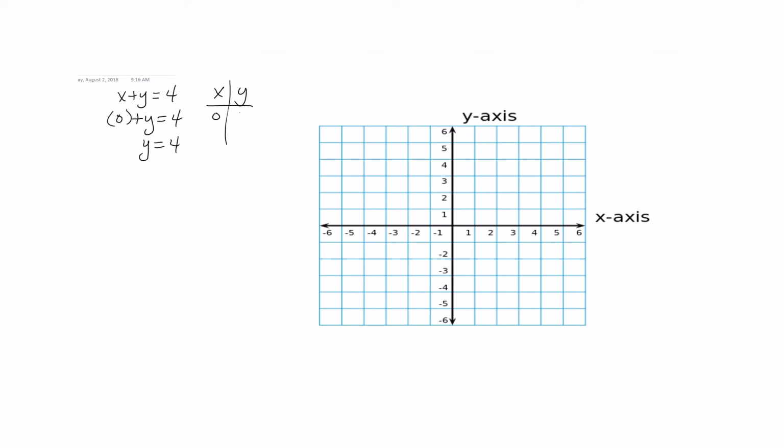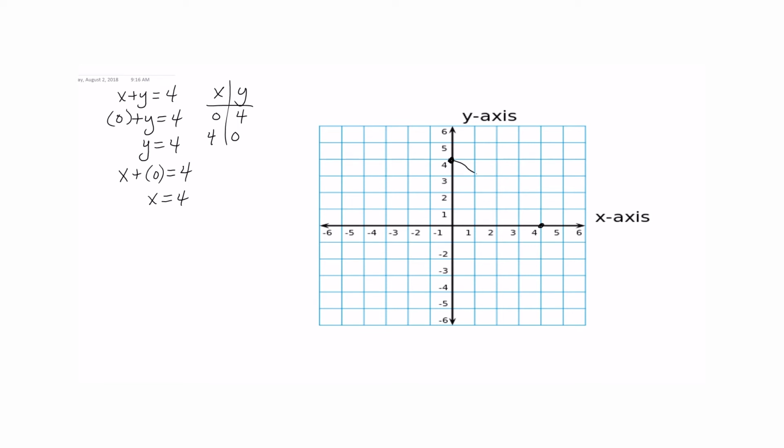So when x is 0, y is 4. Now suppose I let y equal 0. You notice I'm using parentheses when I substitute. That's going to give me x equals 4. So we have (0, 4) and (4, 0). So here's (0, 4), and here's (4, 0).